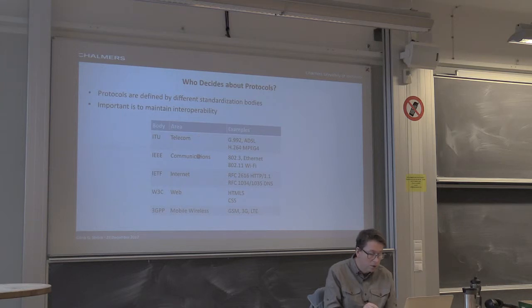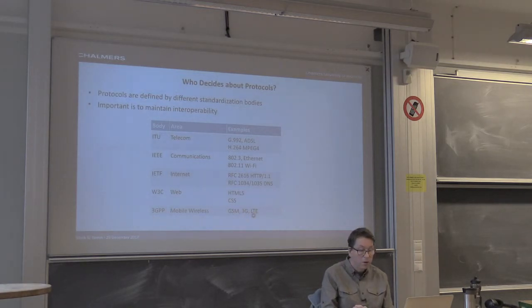So for instance, there are ITU, IEEE, IETF, W3C, and 3GPP, and they decide over different types of protocols. 3GPP decides over GSM, 3G, LTE, 5G, 4G, and so forth. W3C decides about web standards, so HTML, the syntax for that, and so forth.